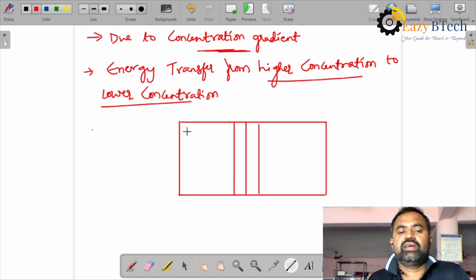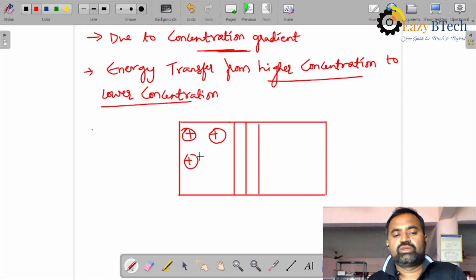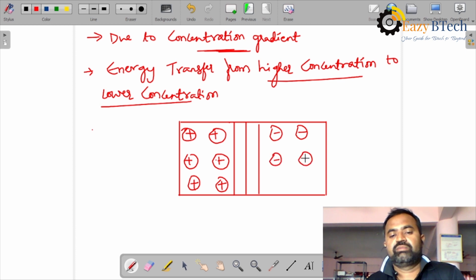Now you can see the majority charge carriers in the p-type and the majority charge carriers in the n-type.